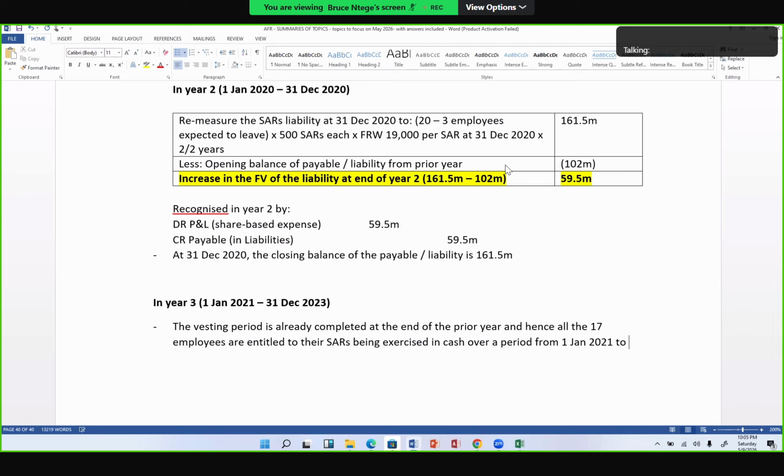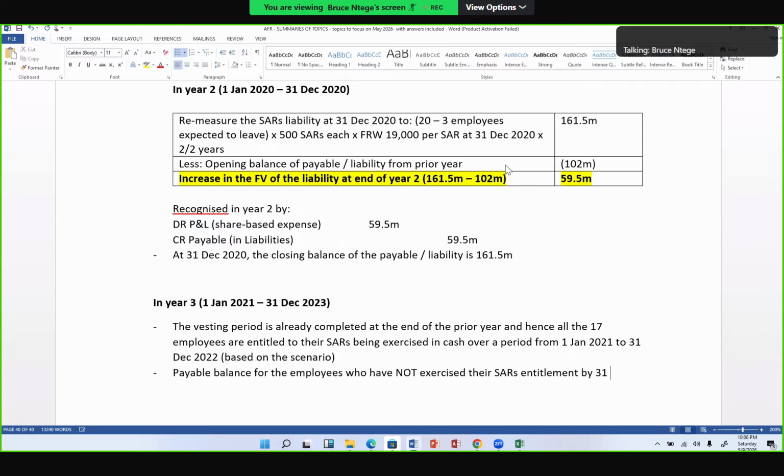So because of that, there are 2 things we shall say. We still have a payable balance for the employees who have not yet exercised their cash right, or who have not taken their cash, who have not exercised their share appreciation right entitlement by 31st December 2021.